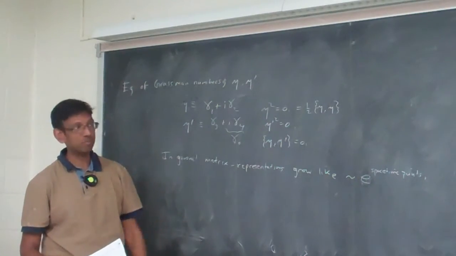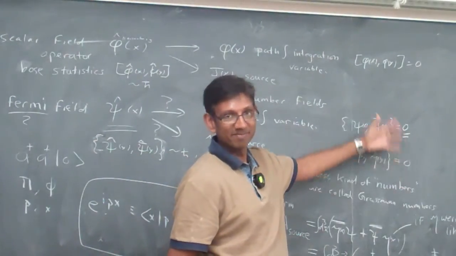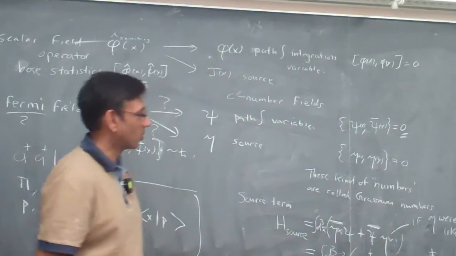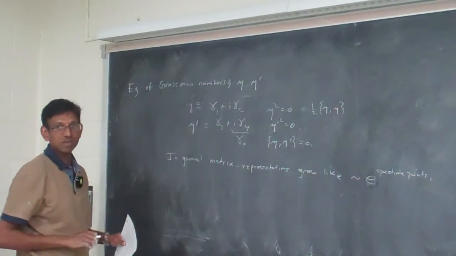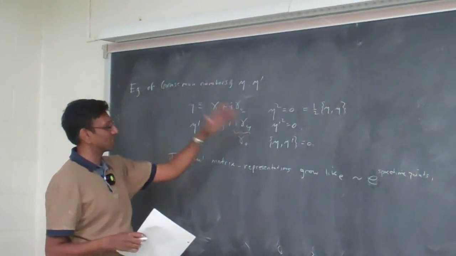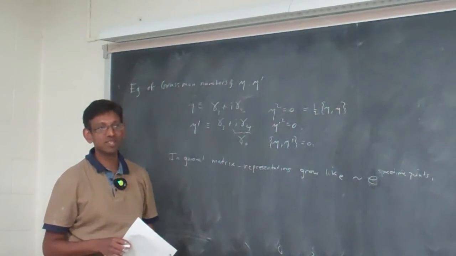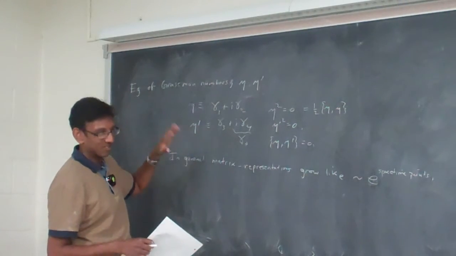What's the defining property? It's just this. So that's where the slight level of abstraction is: we're just talking about Grassmann numbers and not saying, look, I will not believe that this number exists unless you write it down as a matrix of C numbers. Once you understand that you can do it, forget about it.